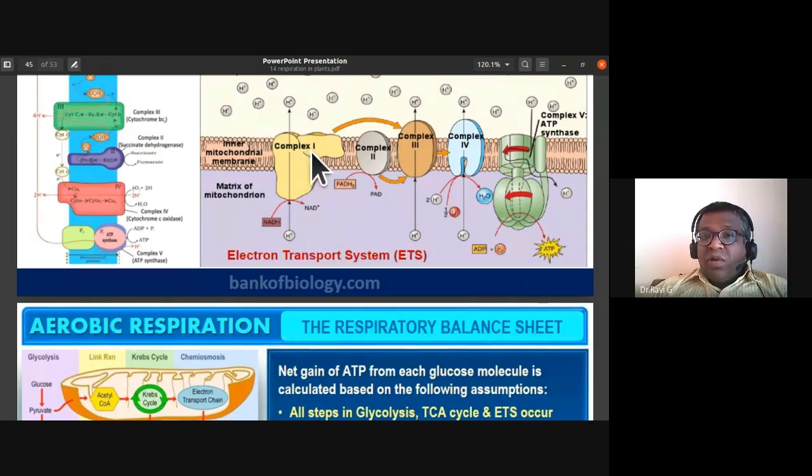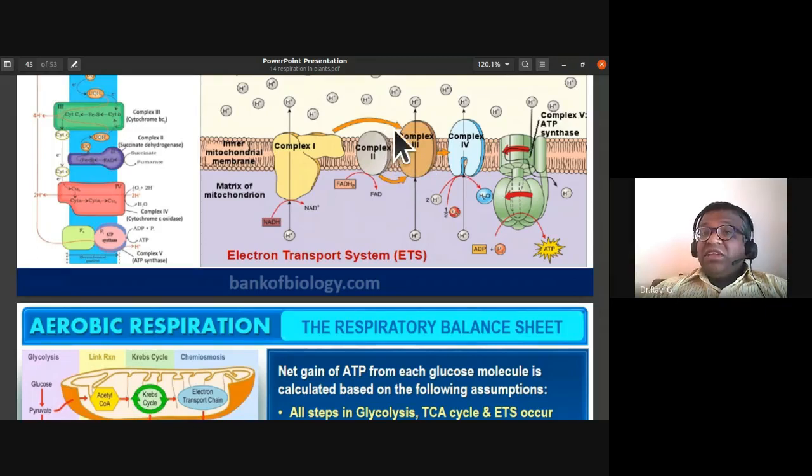This is a very good diagram which describes it. From complex 1, the electrons are carried to complex 3, and further to complex 4. From complex 2 also, the electrons are carried to complex 3, where FADH2 is oxidized to FAD, and the electrons from complex 2 also reach complex 3.